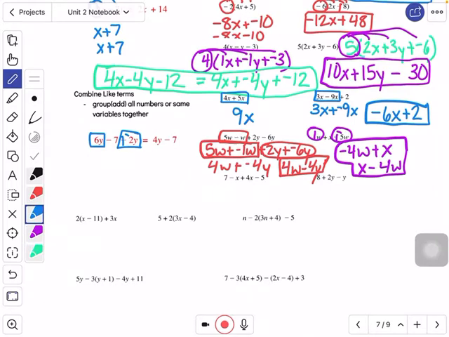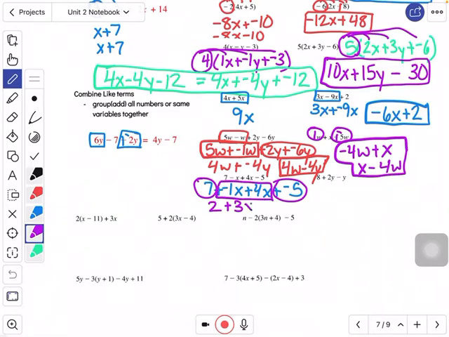So let's see, we have 7 plus negative 1x plus 4x plus negative 5. So I have 7 plus negative 5 is 2. And then I have negative 1x plus 4x, that's plus 3x. So that gives us 3x plus 2, or 2 plus 3x, either works.